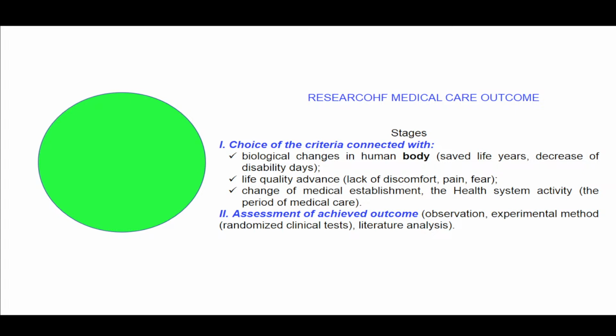Stage one, the choice of criteria connected with biological changes in the body, life quality advance, change of medical establishment, the health system activity. The second is assessment of achieved outcome. That's very important, dear students.